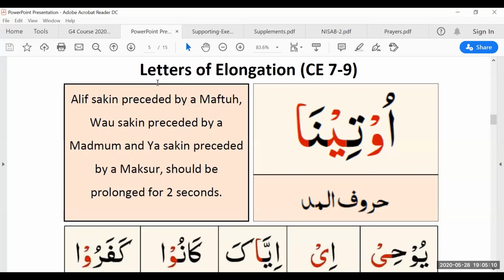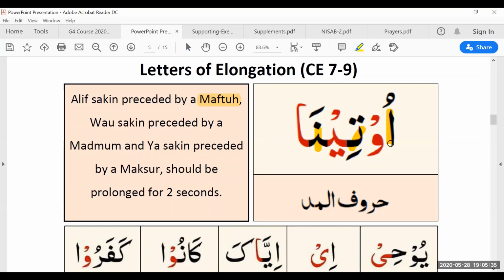Wa alaikum assalam wa rahmatullah. So, yes, can you answer what is a maftuh? So a letter that has the fatha stroke on it, it's called a maftuh. Yes, that's right. The one with the kasra is called a maksur, and one with the dhamma on it is called a madmoom. Yes, that's right. Jazakillah.